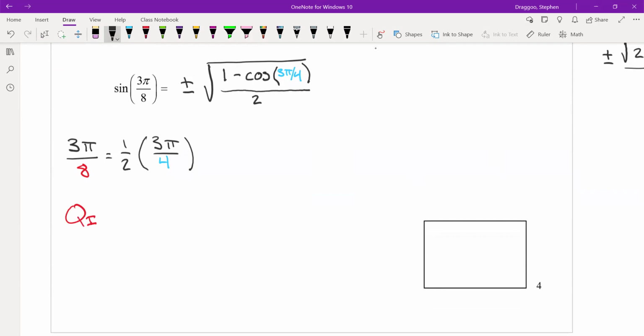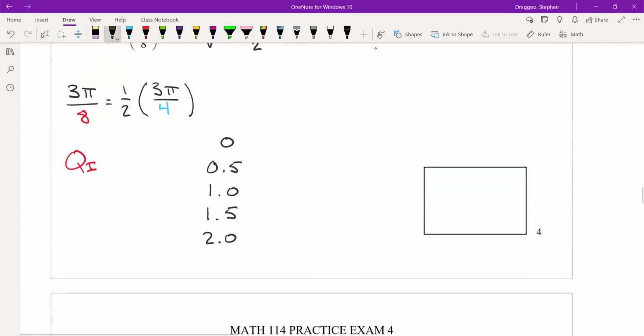I'm going to list out 0 to 2 in 1/2 increments: 0, 0.5, 1.0, 1.5, 2.0. And then draw a line in between each of those numbers.